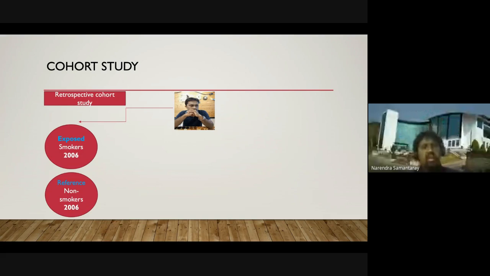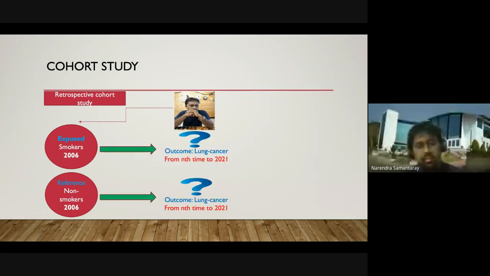From there, I'll divide the people into groups, those who are exposed and those who are not exposed to smoking. When people come to the hospital, we record in the history what substances they are taking. So if I have that record, I can go back to 2006 and say these people are exposed and these people are not exposed. From there onwards, I can follow till the present.